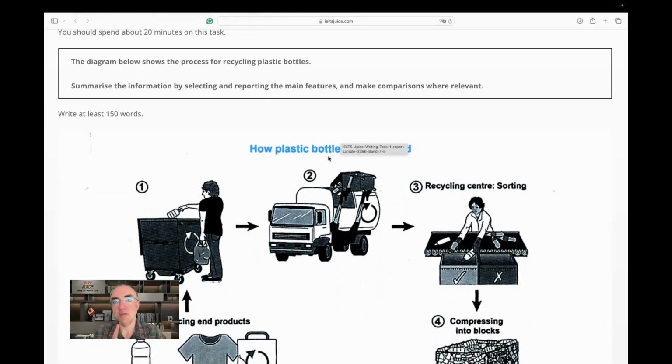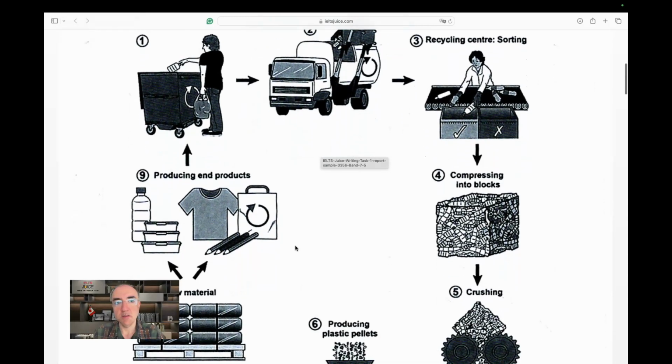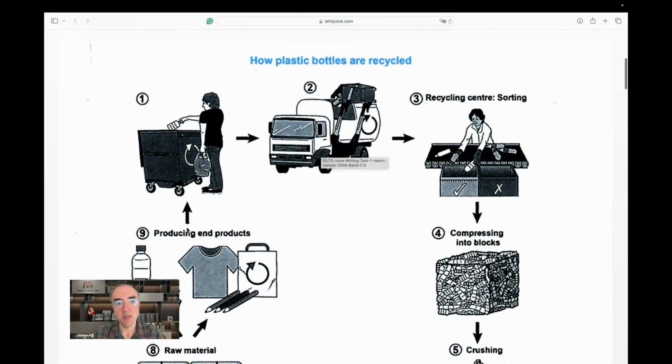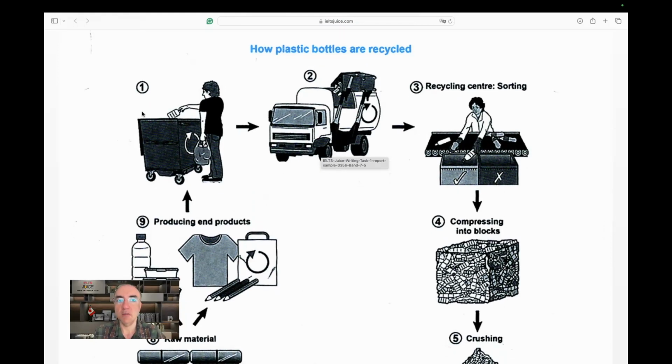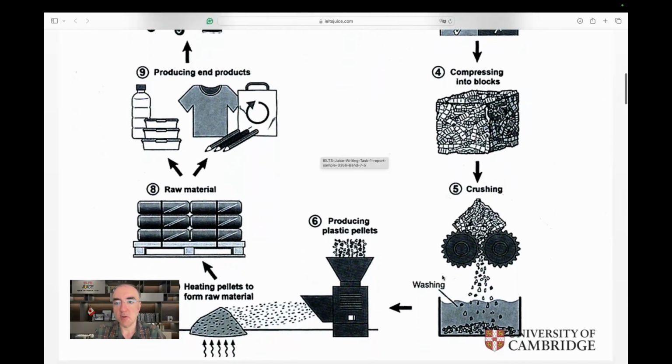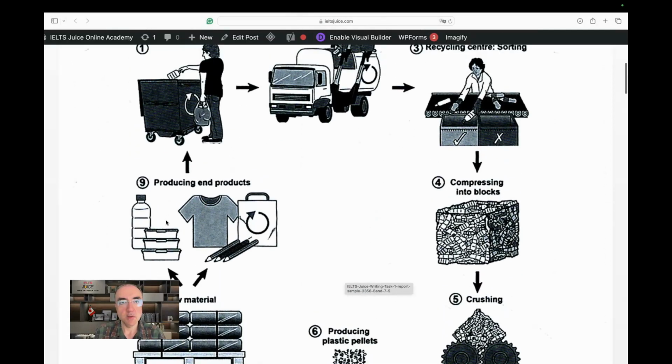As you can see, I just first noticed the topic or the title, and then what I can see here is a series of events. They're numbered. The number 1 starts here, so I know I go clockwise, and then I follow all the patterns, all the visuals, all the way to number 9.